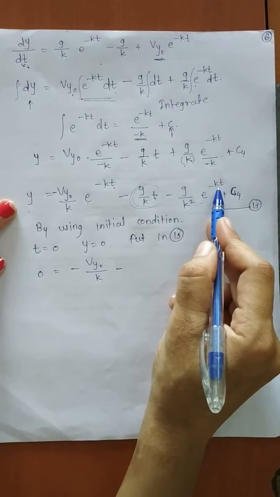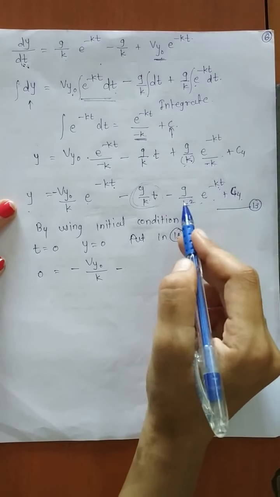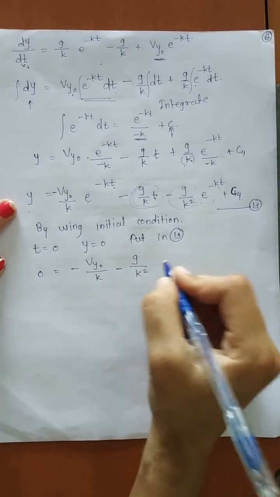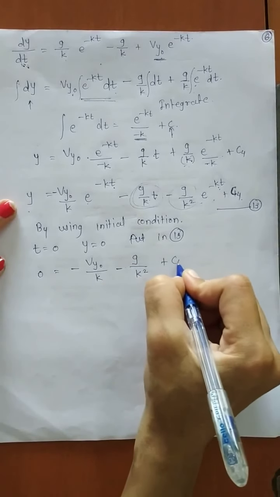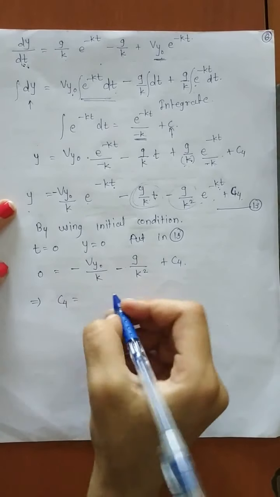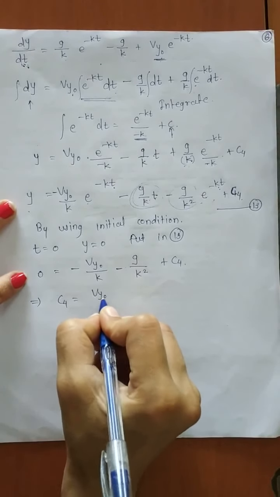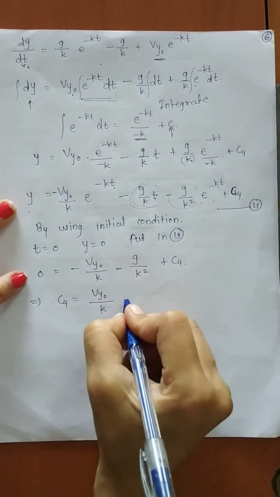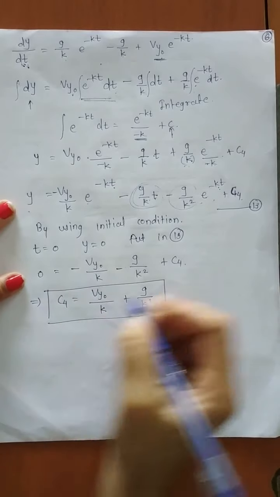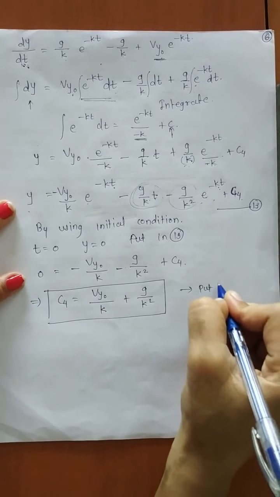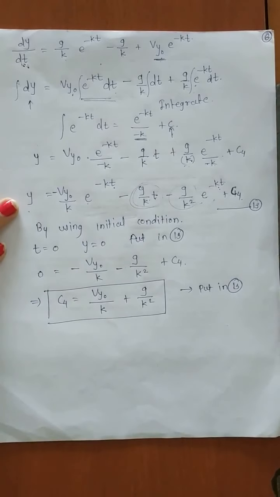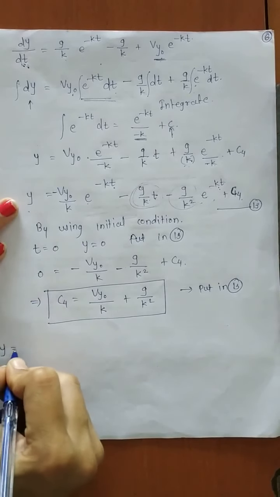Here again e raised to 0 will become 1, and only this term will remain, that is minus g upon k square plus C4. Now if you rearrange this, take these two terms on LHS, we will get C4 equals to vy naught upon k plus g upon k square. This is the value of C4. Put this in equation 13. What will you get? So let's put this value in equation 13.